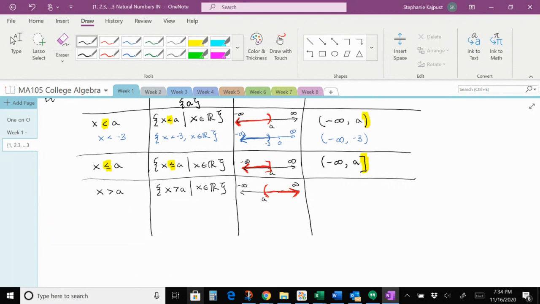And when we put this in interval notation, it also sort of looks like a mirror image. On the left, we're starting at a, and then we're going to positive infinity on the right. We have a parenthesis at a, and then infinity has a parenthesis, because infinity always has a parenthesis.